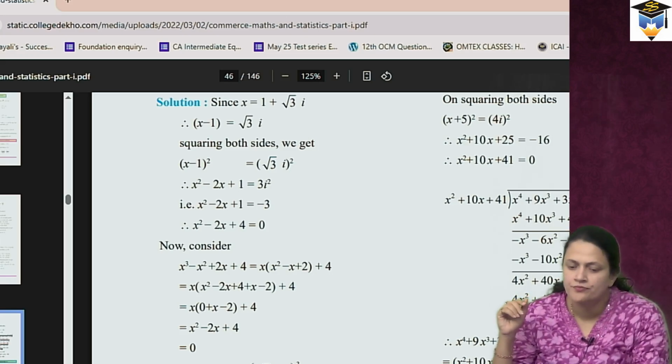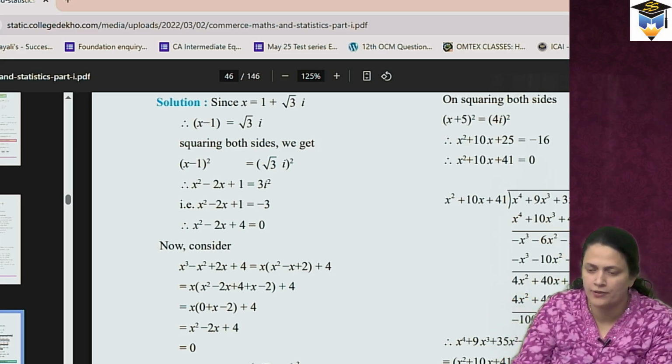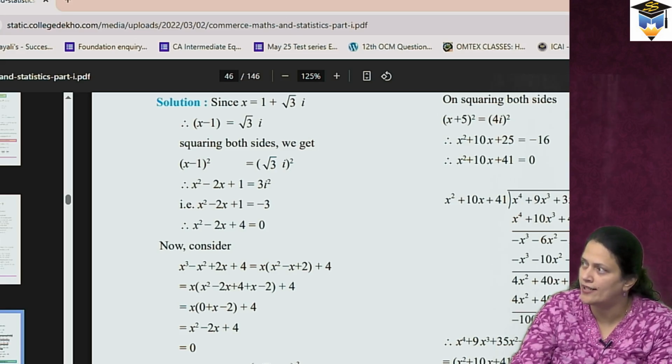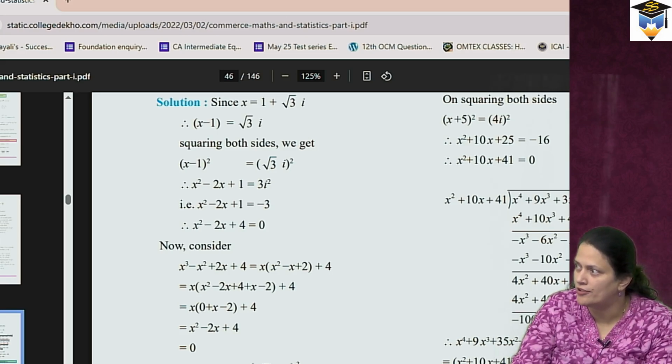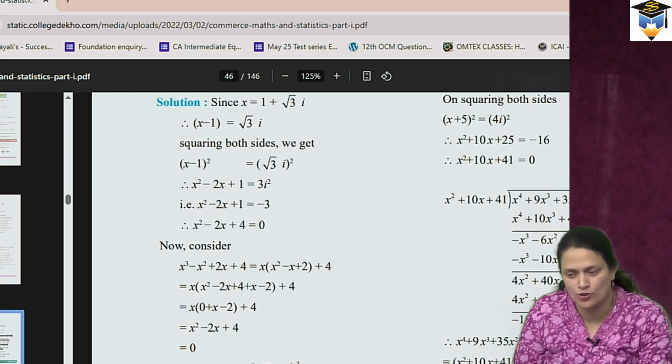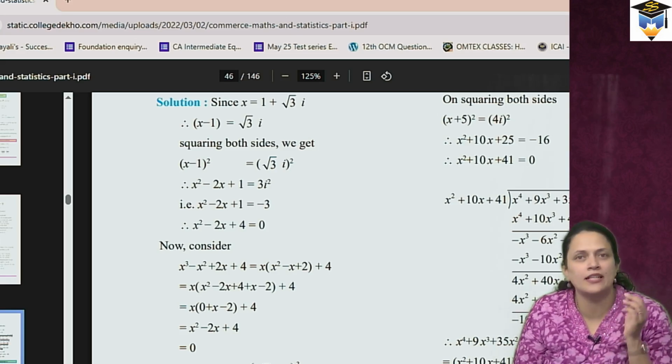So now, here what they have done, everybody has understood, right? Online students, are you understanding? We are solving the solved examples, which is important. Okay. So now, write down this. Then we will do question number 8 also, which is again a solved example but an important one.